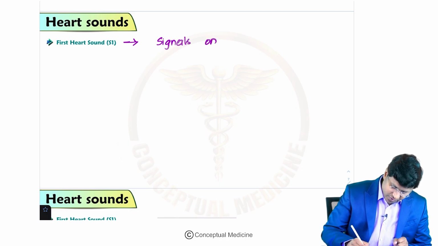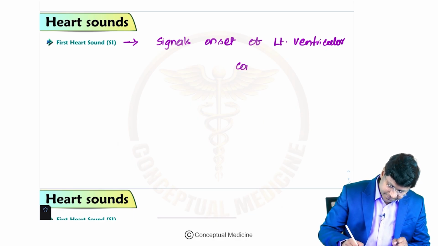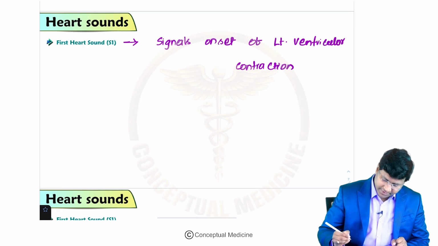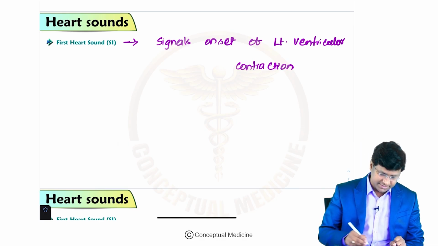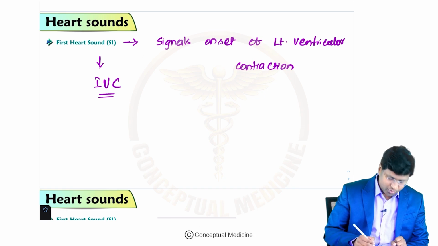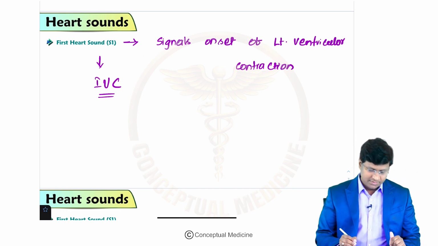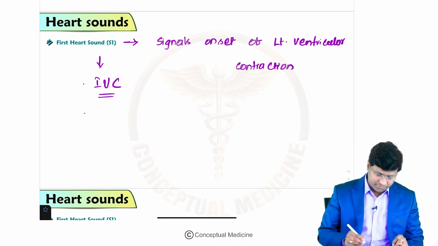That means during which phase of the cardiac cycle will you have this first heart sound? The first heart sound is heard during the isovolumetric contraction phase. And this first heart sound consists of two major audible components.